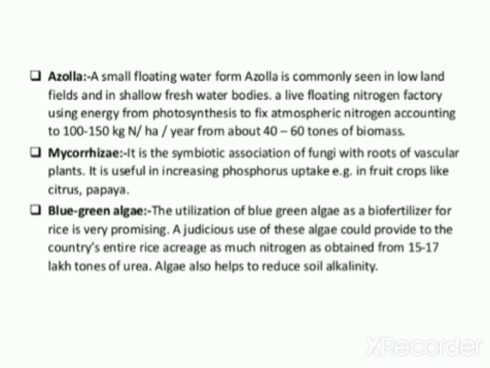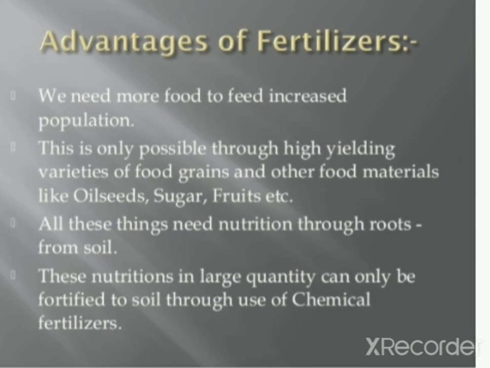A judicious use of this algae could provide the country's entire rice acreage as much nitrogen as is obtained from 15 to 17 lakh tons of urea. Algae also helps to reduce soil alkalinity.